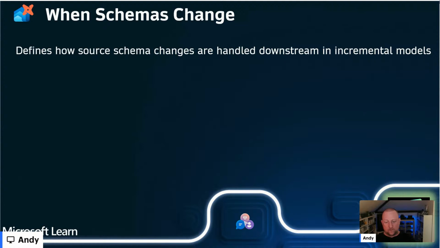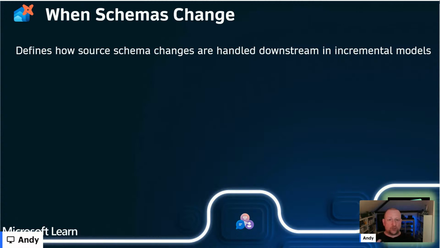So I talked a little bit about one of the functionalities that DBT has, which is handling schema changes, right? When you're creating a DBT project, when you're writing these models, what you're doing is you're declaring a downstream schema. This is the output of your select statement. Of course, source systems can change, columns can be added, columns can be removed. You then have power over what you tell DBT to do.